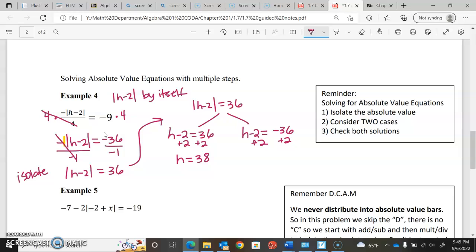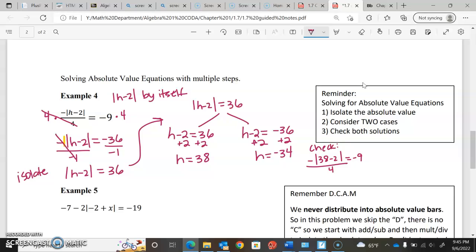Then in my second equation, I get negative 34. And then to check, I'm just going to do it small over here. Go back to the original problem. I'm going to plug in 38 for h, and then plug in negative 34 for h.